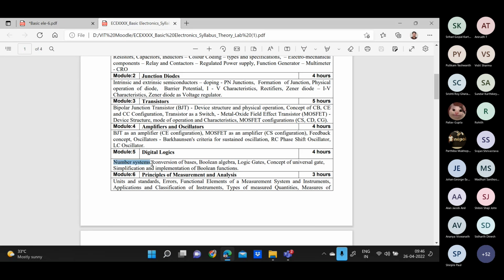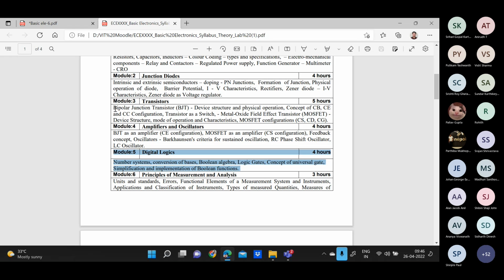Number system and conversion of bases we completed in the previous lecture. Today we saw Boolean algebra, logic gates, the concept of universal gates, and simplification and implementation of Boolean functions.